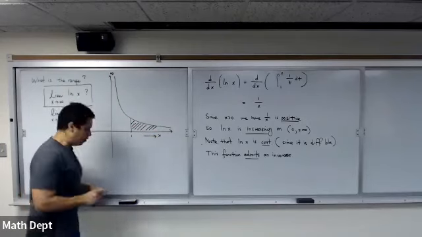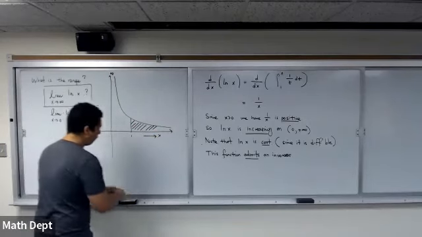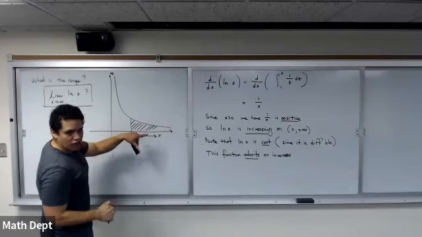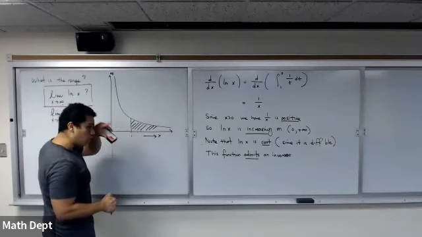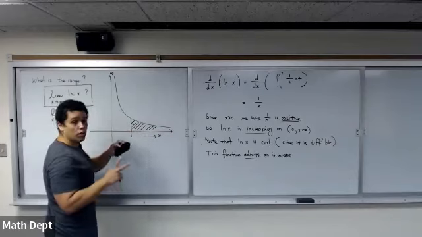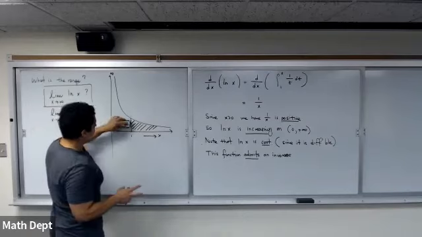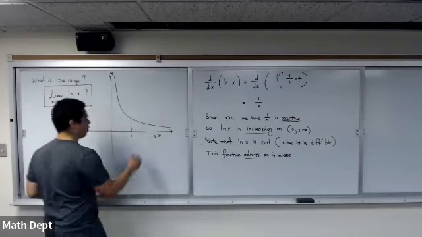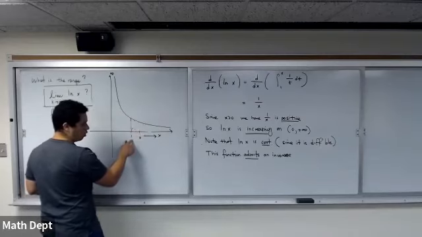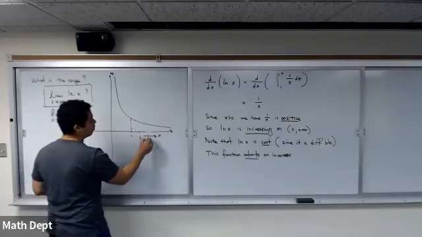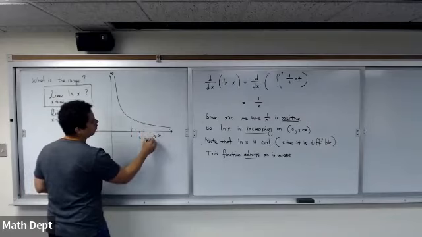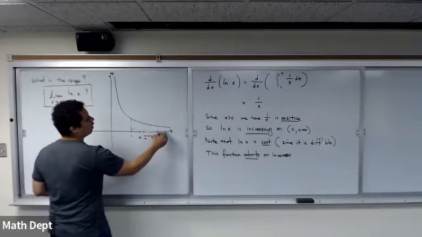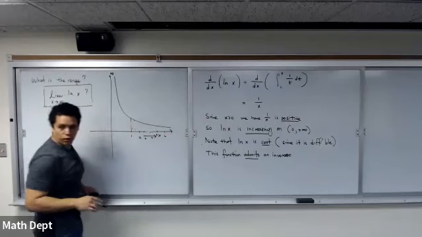But let me do the following. Instead of considering the entire area, what we're going to do is consider portions of it. So I'm going to introduce a couple of labels, starting at 1, 2, 3, 4, 5, 6, etcetera. I'll follow in that direction.